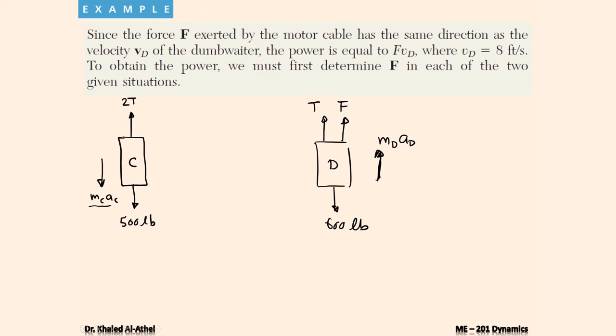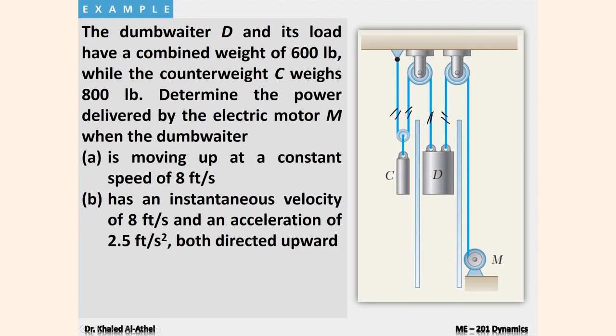So let's start with part A. Part A says you have no acceleration. Remember, you have a velocity of 8 feet per second and you have no acceleration. So for this part, I'm going to start with the equations of motion for block C first. Upward is positive. Summation of Fy should equal 0. It is important to note that both accelerations are 0 in this case.